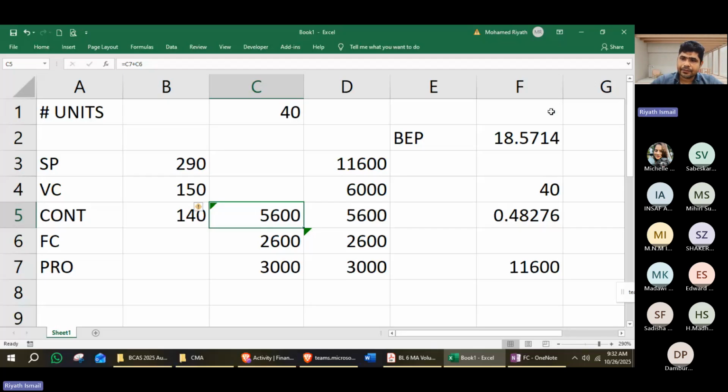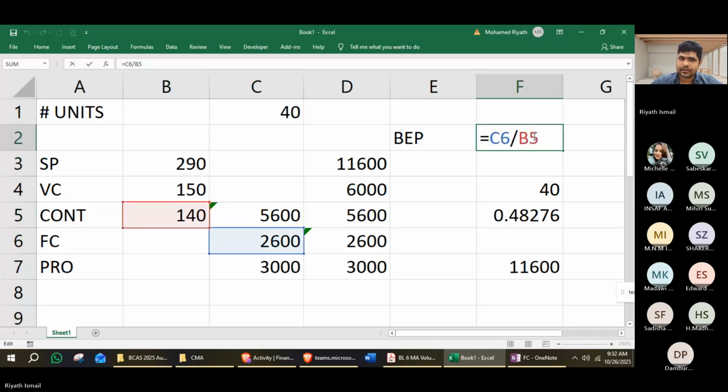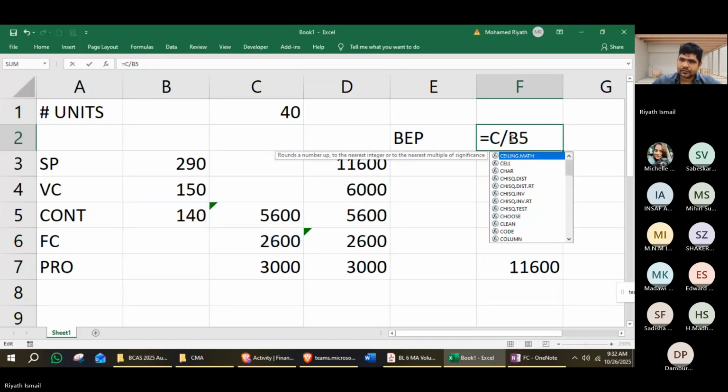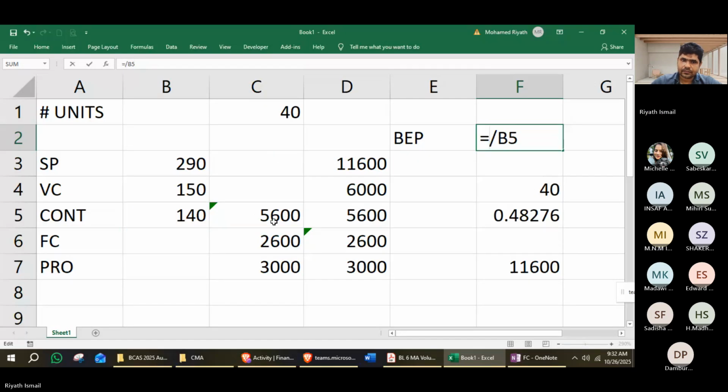Here, the break-even point will be fixed cost divided by contribution. Sorry, the figures should be changed.